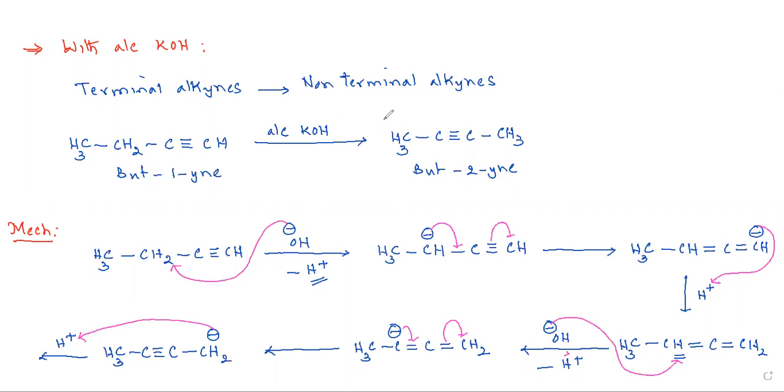Okay. So we'll get the final thing. C triple bond C, then CH. Yes. So this is how we can convert the terminal alkynes into non-terminal using alcoholic KOH. Okay.